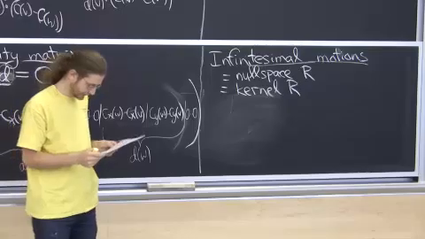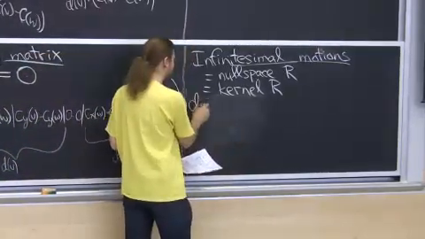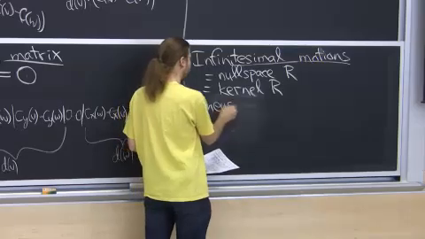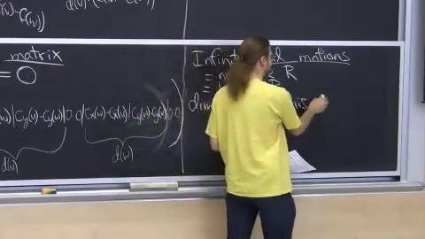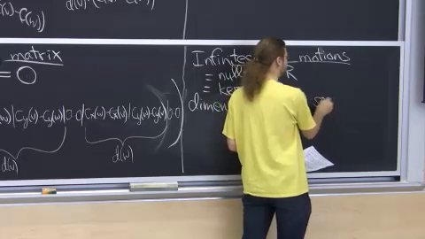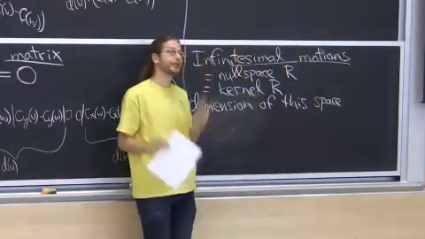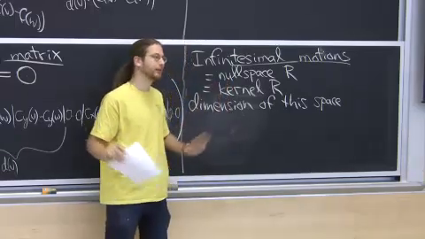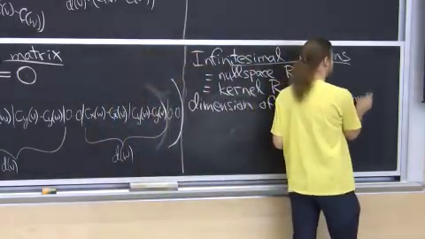One fun fact is that the dimension of this space, the space of all infinitesimal motions, which seems like a useful thing to know. We want to know how many, this is basically the number of degrees of freedom in infinitesimal land, which is not quite reality, but it's close. This is called the nullity of the matrix.